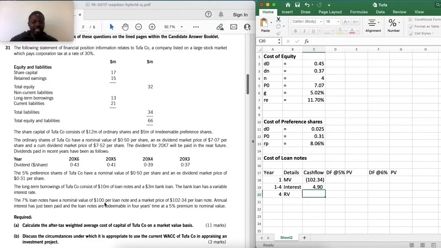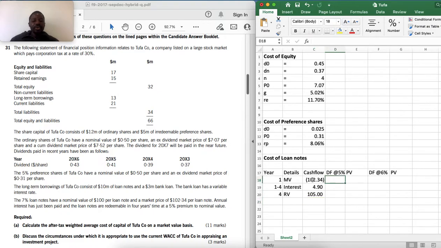We close the bracket there. So we'll be receiving interest net of tax of $4.90. Then we are told that the loan will be redeemed in year 4 at 5% premium. So we'll say 100 multiplied by 1.04, as it will be received at a premium of 5%. Sorry, so it's 1.05, like that.